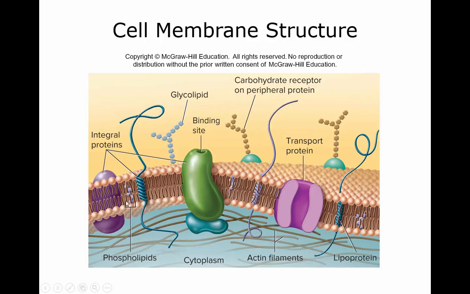And then you've got some cholesterol in here that will help stabilize the membrane and keep the fatty acid tails from sticking together. And then you've got some identifying molecules here so that other cells know what it is.